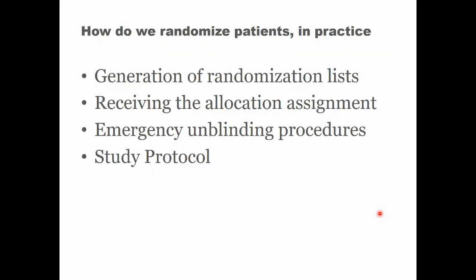There are a number of steps and things we have to think about once we've decided what kind of randomization we're going to do. We have to generate the randomization lists. We actually have to have a way of receiving the allocation that maintains allocation concealment. And we also have to think about how to unblind and then concerns for reporting the study protocol.